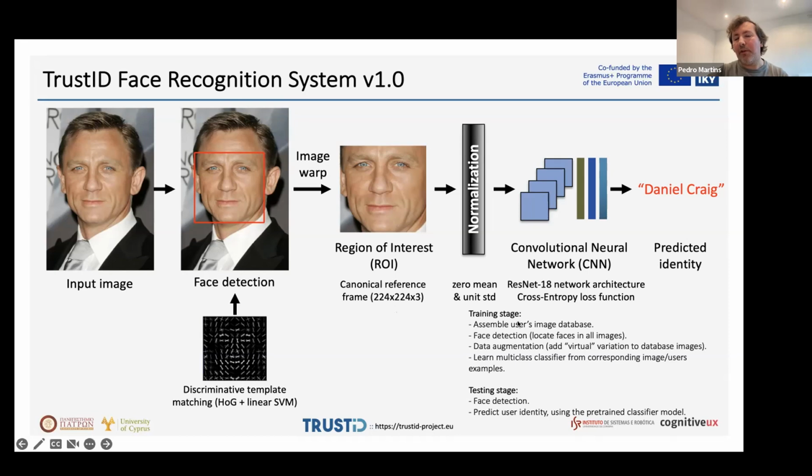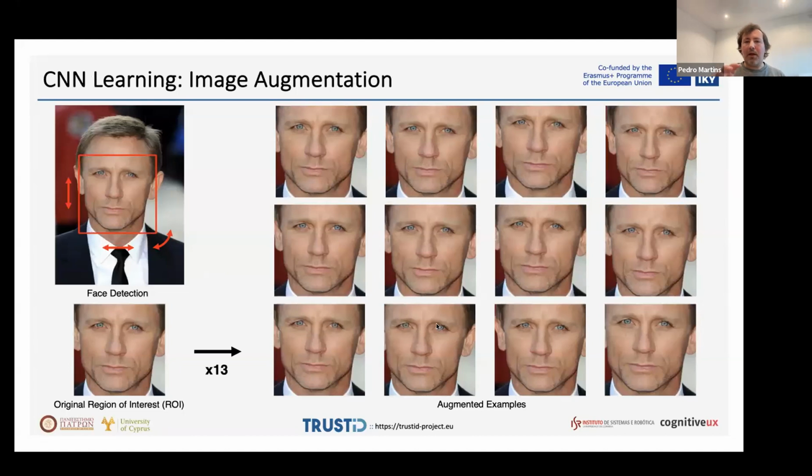After having a trained model, we deploy it on the client side, using only the inference, of course. An important part of training the network is data augmentation. While this is a bit standard, in this case, I would like to mention a few things.